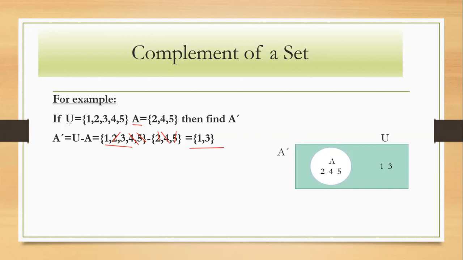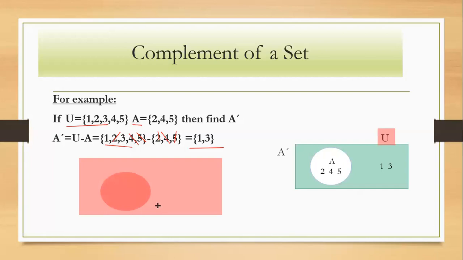Because for the universal set, we have to draw a rectangle and mention U over there. Here A is a part of U, so A is a subset of U. That means you have to draw the circle of A inside it.